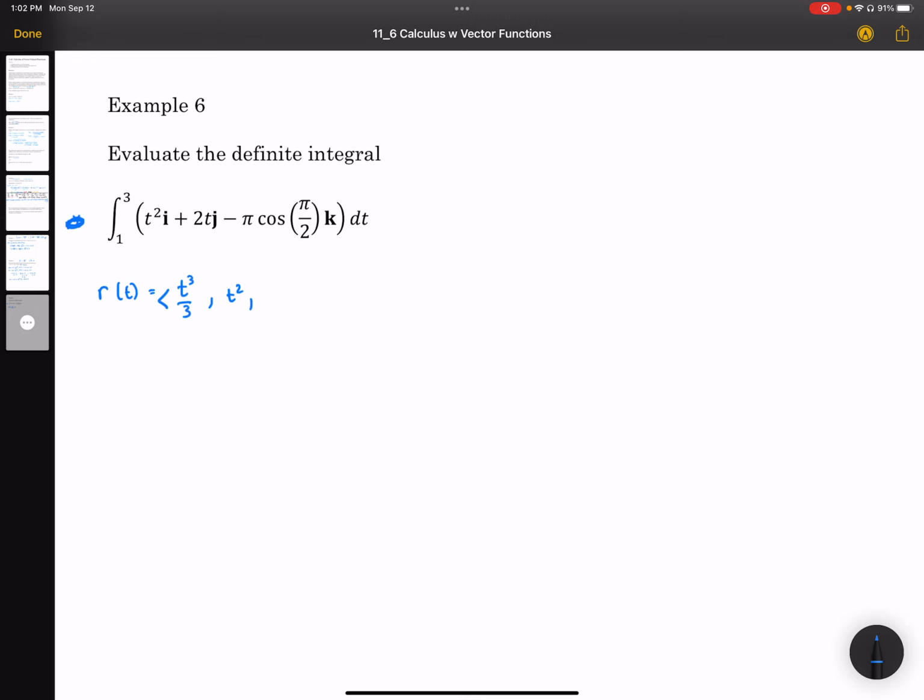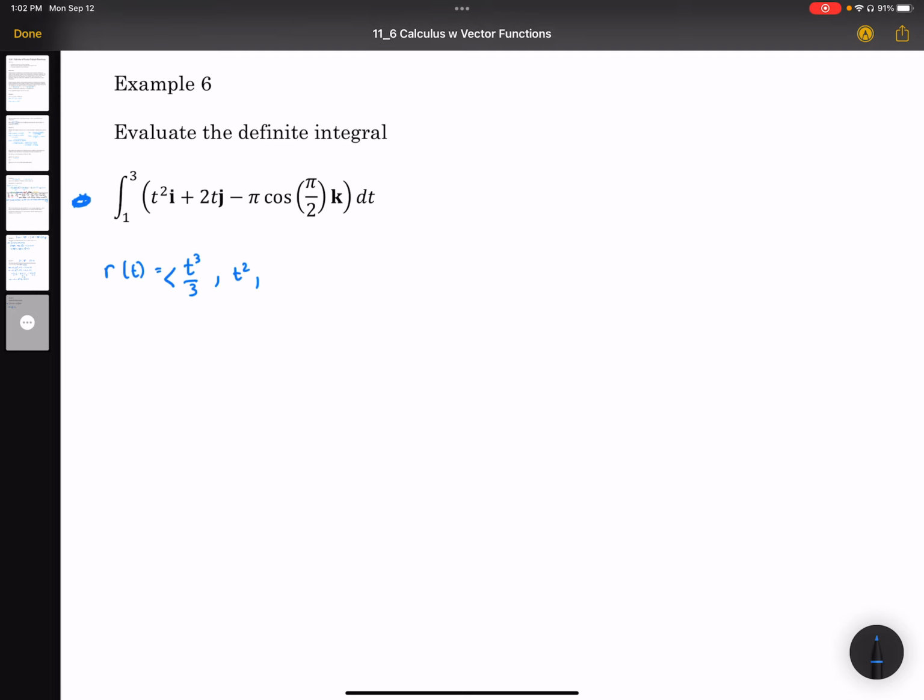And the antiderivative of negative pi cosine of pi over 2, that should have a t in here, my apologies, pi over 2 t, is going to be negative pi sine of pi over 2 t, and then we divide by pi over 2 and multiply by 2 over pi.